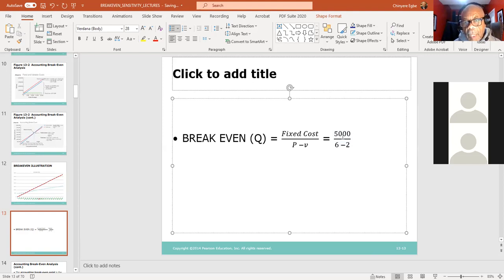Like I said, this is a very simple illustration of break-even. 6 minus 2 is 4, which gives us 1,250 units, which is what we got by solving the problem graphically.